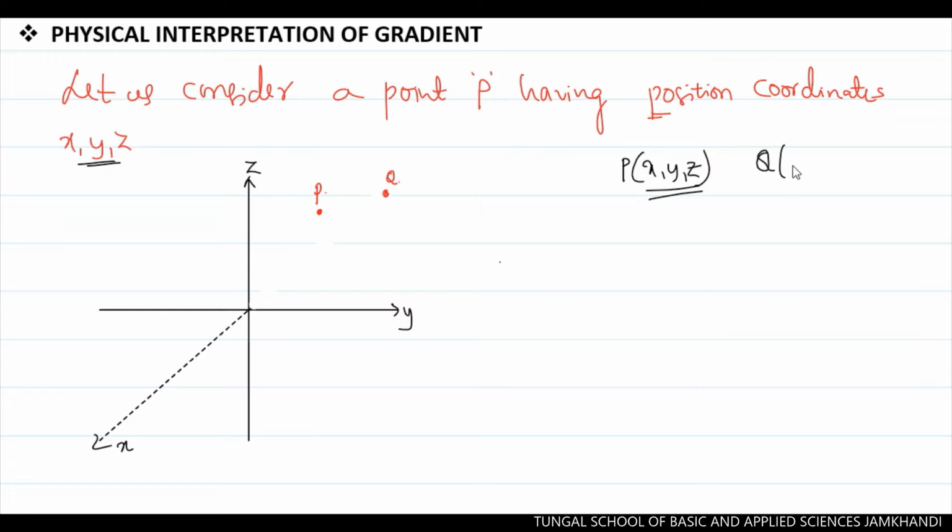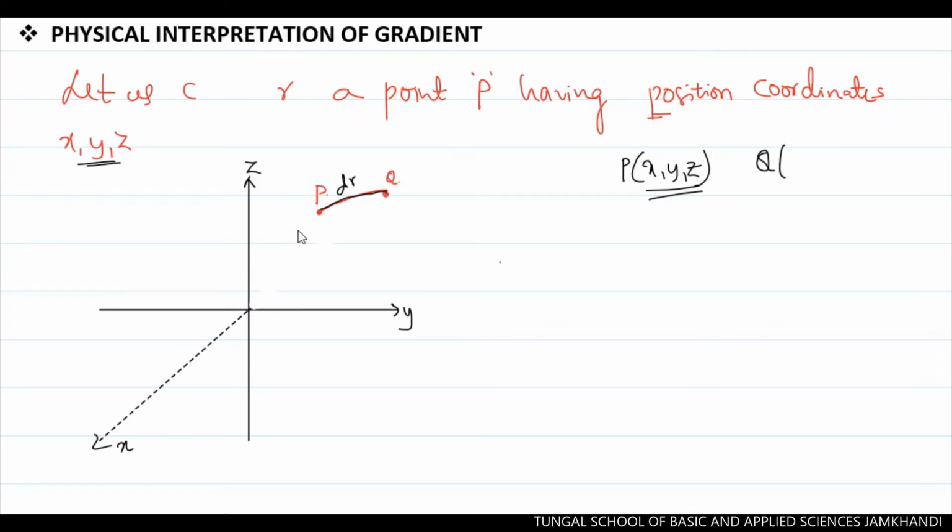Similarly for Q, it is very near in these three-dimensional positions. This is R, so I can define this as dr, because P and Q are both very near.